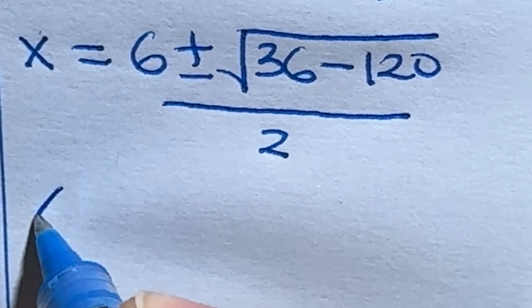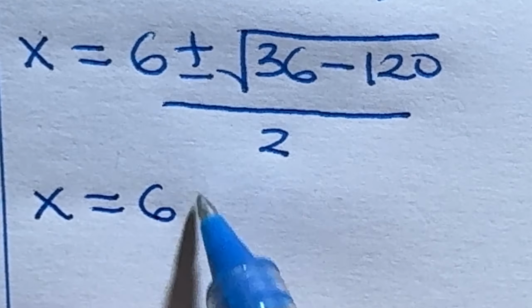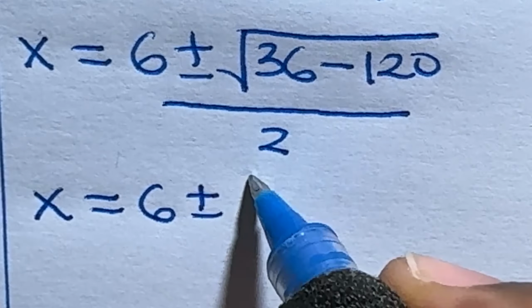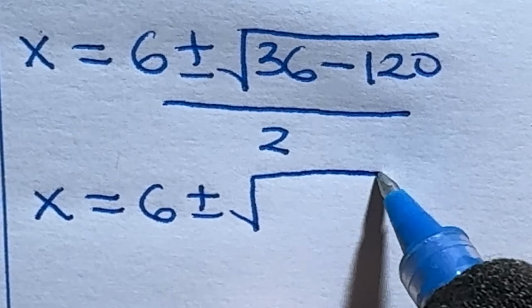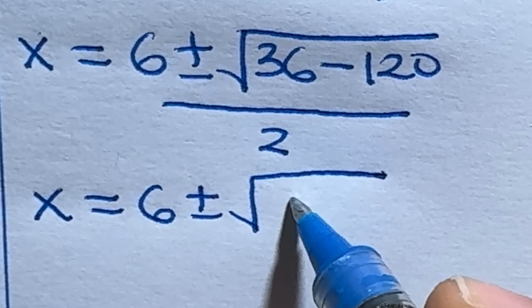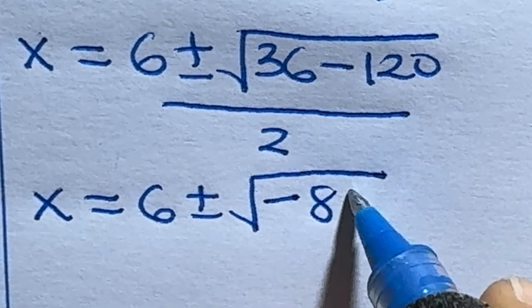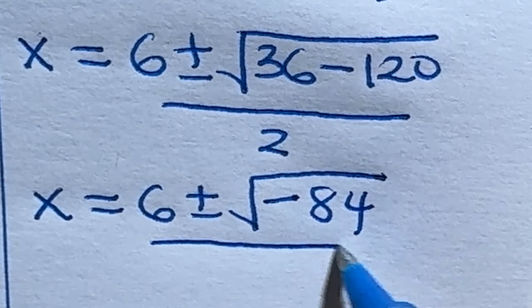So here x is 6 plus or minus the square root of 36 minus 120, which is negative 84, then divided by 2.